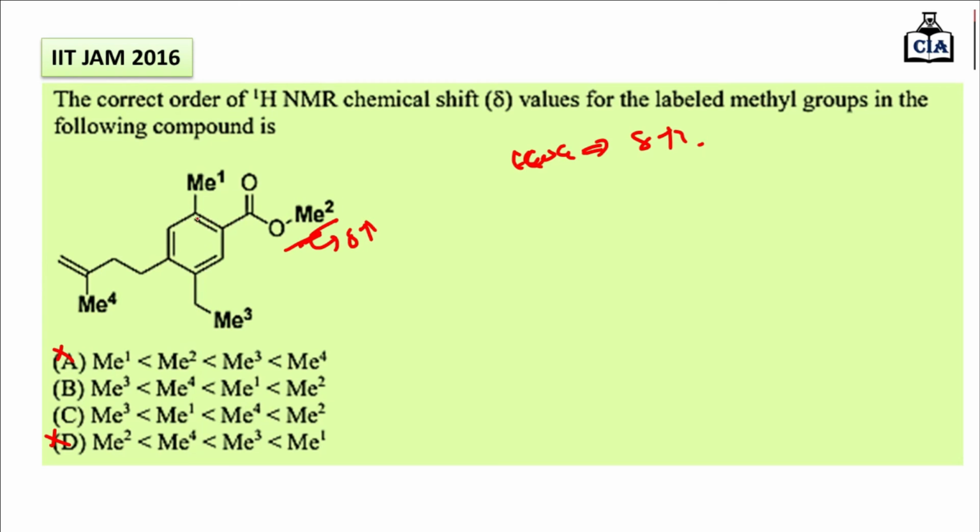So this benzylic methyl group will have the higher delta value due to this electron withdrawing nature. So methyl 1 will have a higher delta value than methyl 4, hence our correct order will be methyl 2, then methyl 1, then methyl 4, and at last methyl 3. So our correct answer will be option B.